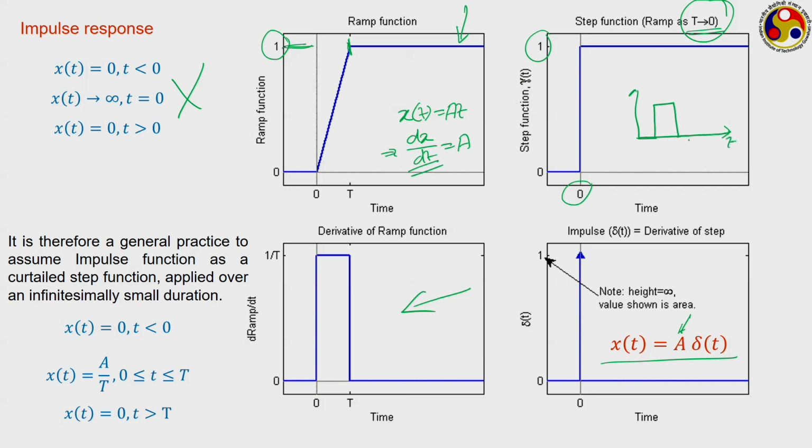This refers to T equal to 0, this refers to T equal to capital T, and over this period the magnitude is A by capital T. Now, when this capital T tends to 0, we have a perfect impulse function to deal with. So, the mathematical solution that we are going to go for will also follow the same structure.